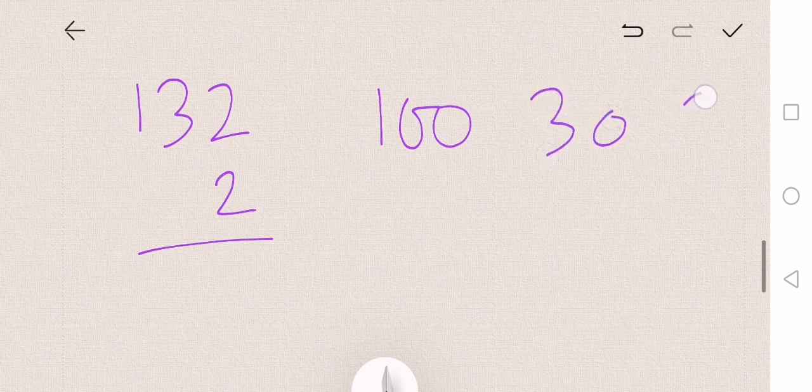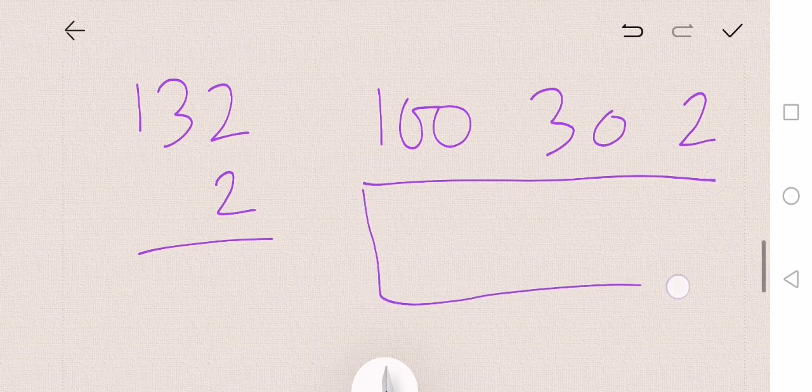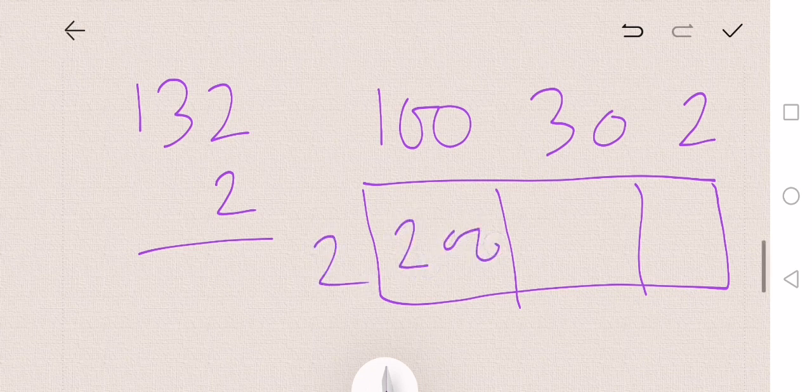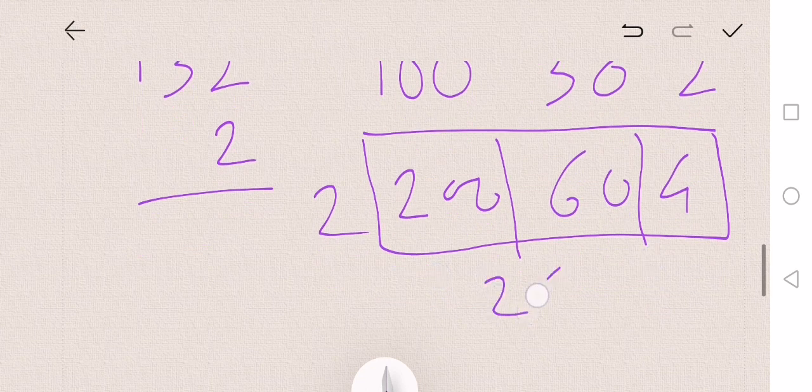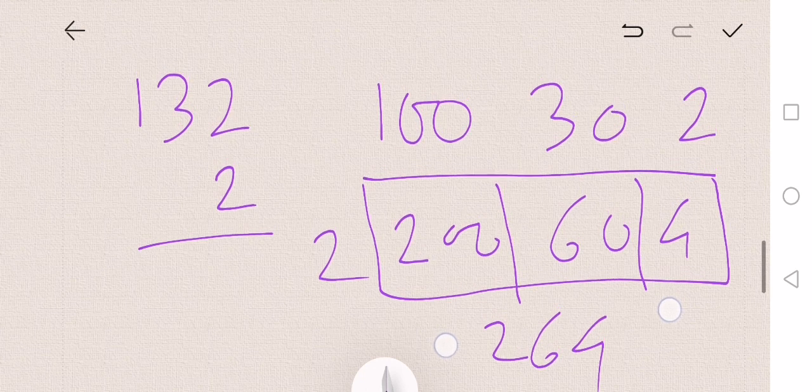So what you'll do, 132, you'll be writing 100, then 30, then 2. Got it? Then you make a box like this. Three numbers, three boxes. So that will be 200 here, 60 here, and 4 here. So the answer will be 264.